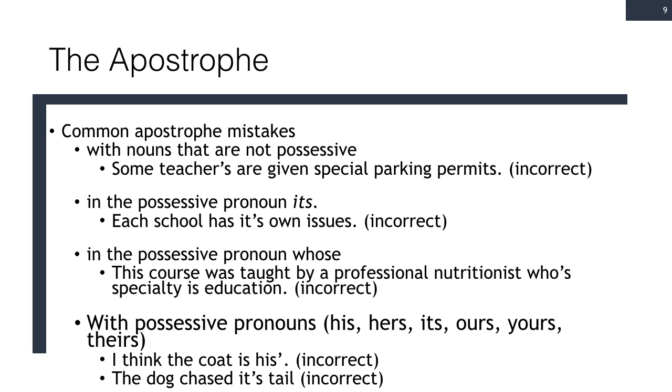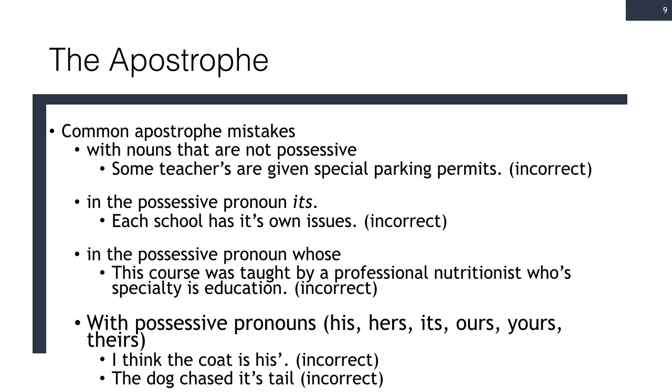That shows the possessive. And then finally, when we use possessive pronouns like his, hers, its, ours, yours, or theirs, you would not put an apostrophe before the S in his or theirs or any of that.